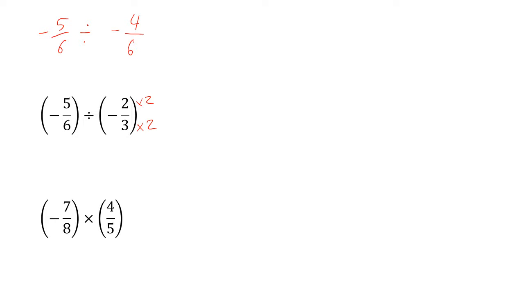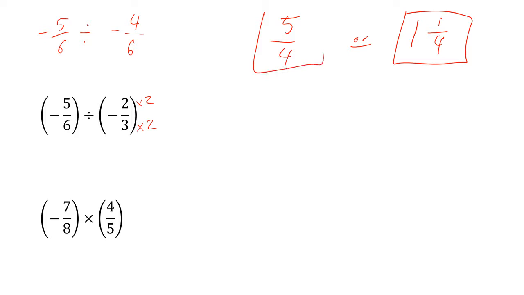So we could multiply them by each other, but that's not necessarily the goal. The goal is to have the smallest common denominator possible. So 6 seems like a reasonable choice. We have a negative and a negative, so negative divided by a negative means it's going to be positive. So we can just go 5 divided by 4. Okay, so 5/4, or you could write 1 and 1/4. It's one of those two numbers.